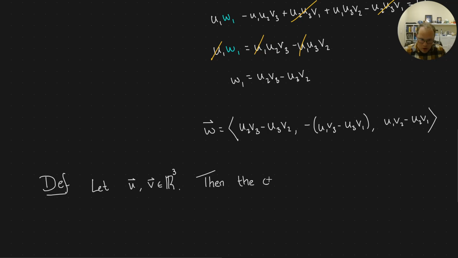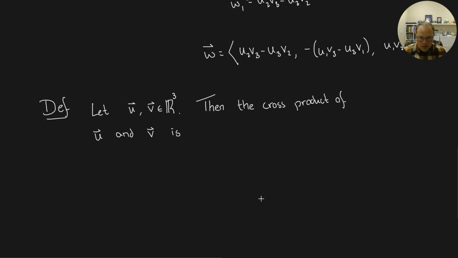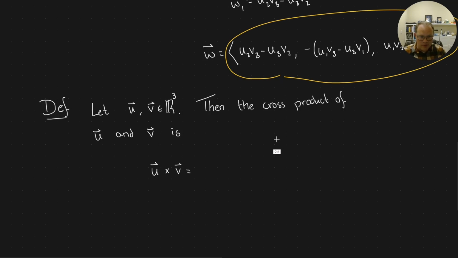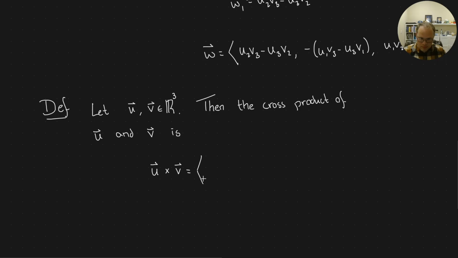Then the cross product of U and V is, and we give it a special notation, U cross V. Okay, and this is how we define it: U2 V3 minus U3 V2, comma, negative U1 V3 minus U3 V1, comma, U1 V2 minus U2 V1.